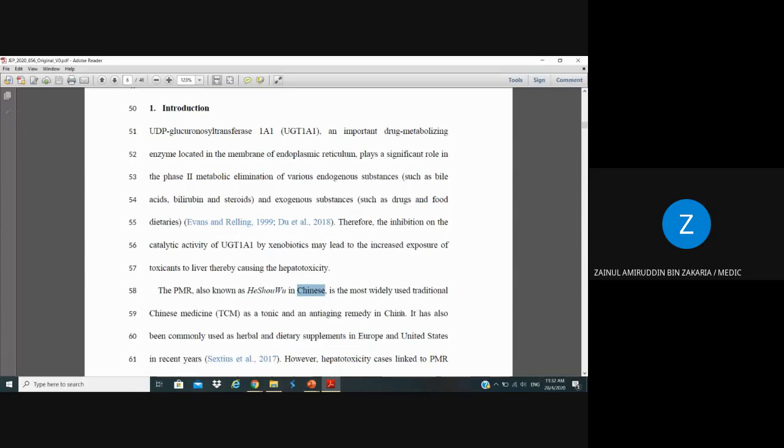However, they found out that this plant actually has a hepatotoxicity effect. It can cause liver toxicity.